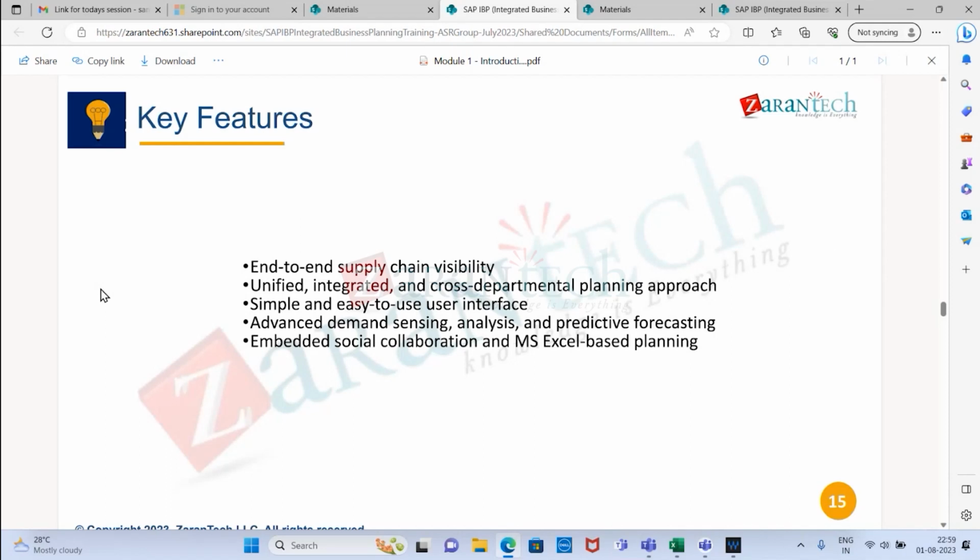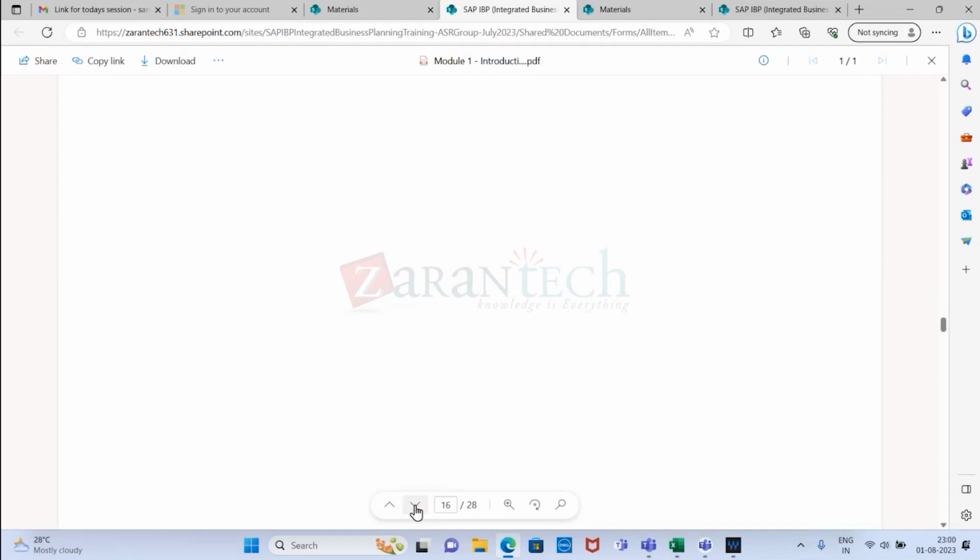Advanced demand sensing, as I said, has algorithms. Demand sensing is quite efficient with respect to the statistical forecast generation and the prediction of the future forecast. And last but not least, all the collaboration and Microsoft Excel-based planning is extremely useful for most of the organizations.